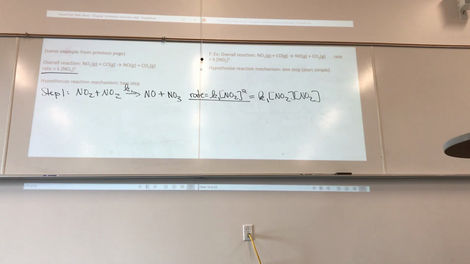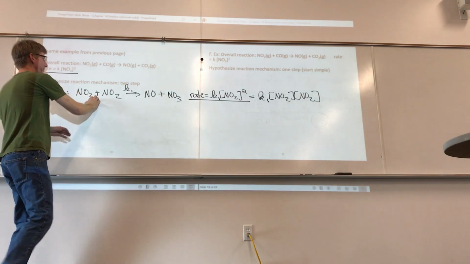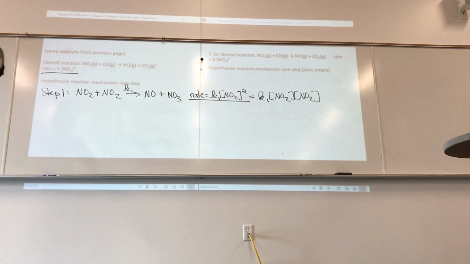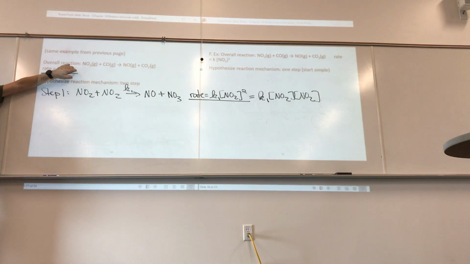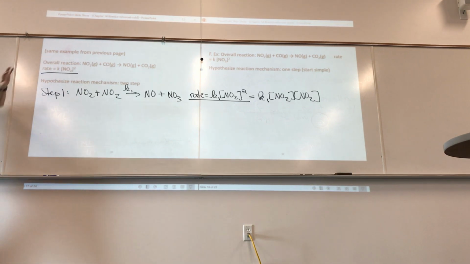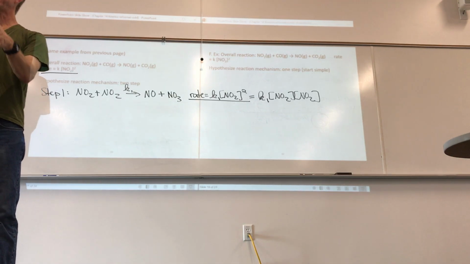As we'll see, in this step, if you double the concentration of NO2, it will make the rate go up by a factor of 4, because things involved in the actual reaction steps should impact the rate.